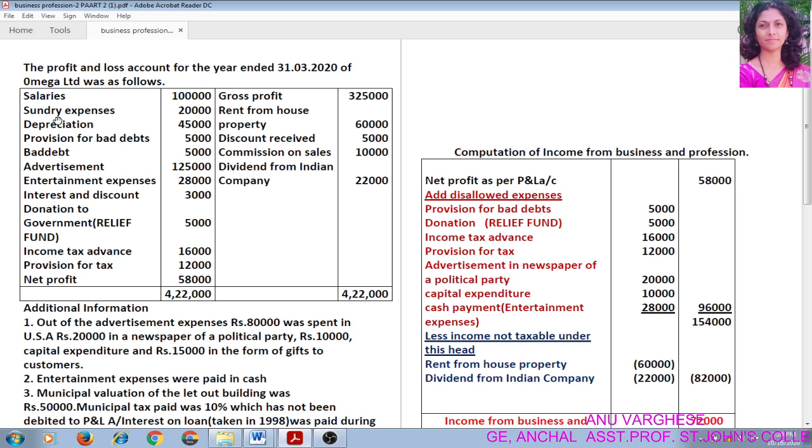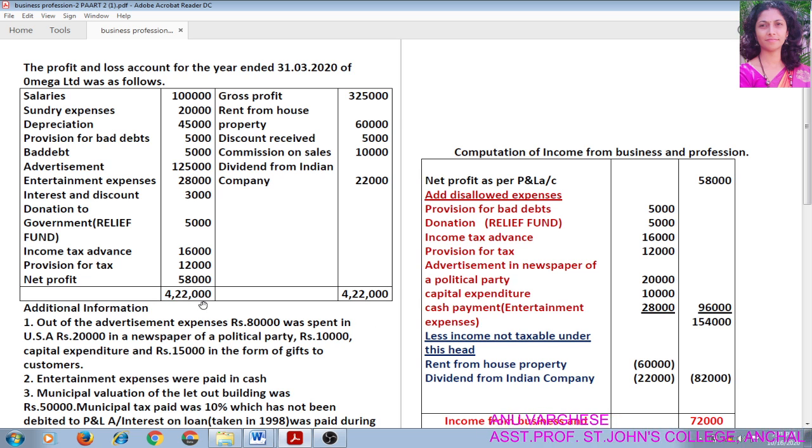Salaries, sundry expenses, depreciation, provision for bad debts, advertisement, entertainment expenses, interest and discount, donation to government, income tax advance, provision for tax. Gross profit, rent from house property, discount received, commission on sales, dividend from Indian company.